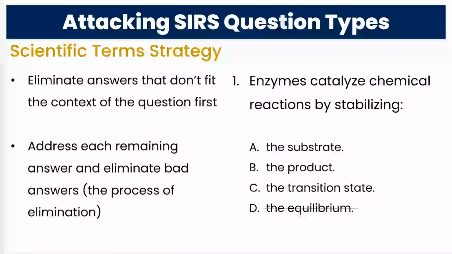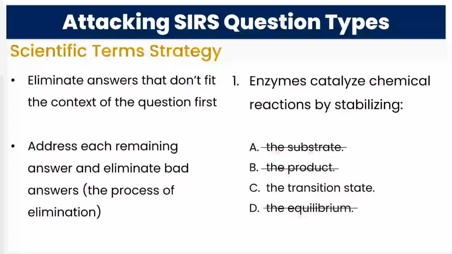So do enzymes stabilize the substrate? No, then the reaction would never happen. That would be a bad choice. Do they stabilize the product? No, then the reverse reaction would never happen. And we know enzymes do reversible reaction stuff. It's always associated with that.